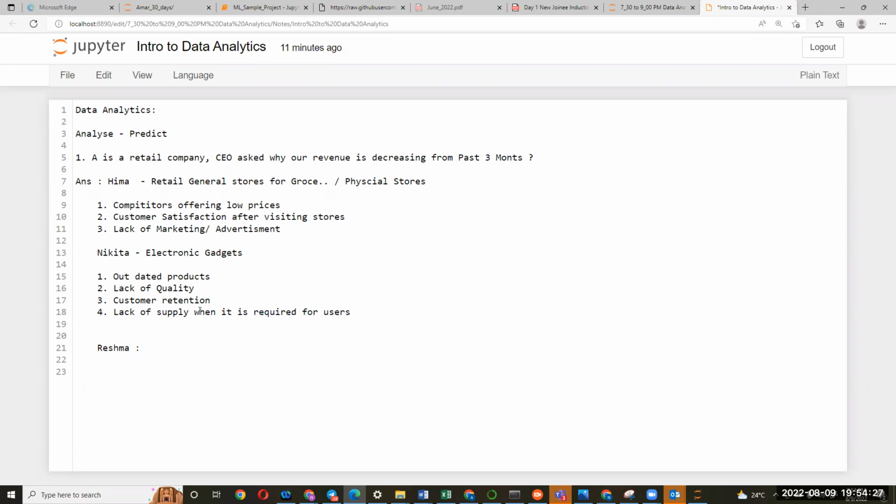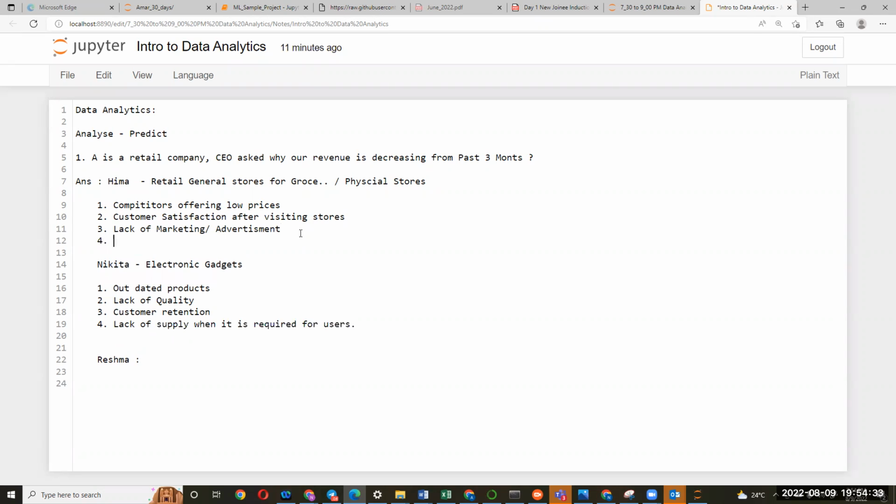Okay. And for Hima's point, what are you going to add, Reshma? For instance, it's maybe an Indian grocery store, and people around in that area, in the vicinity, demand some Gujarati snacks or something like that.